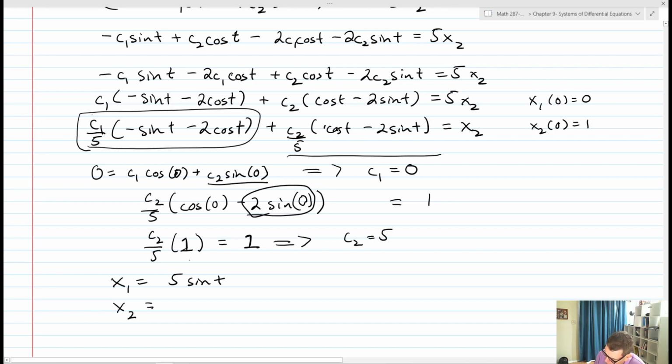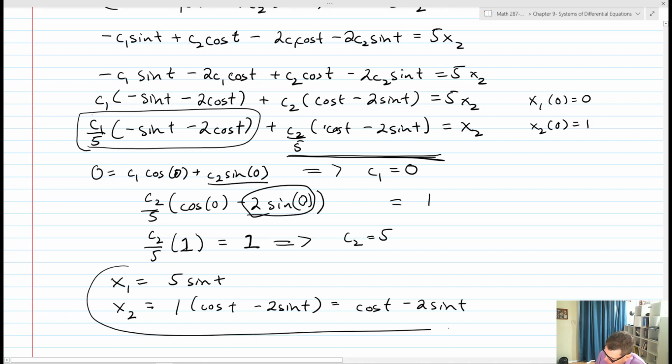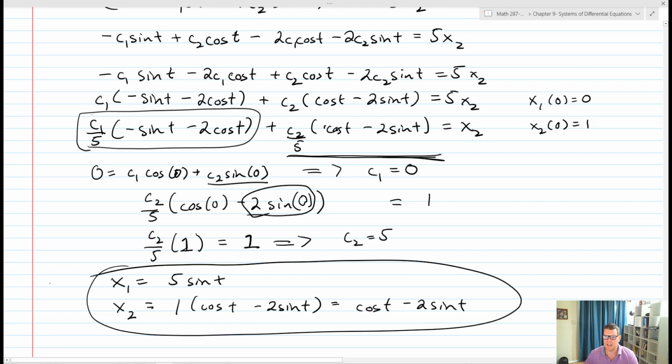It's going to equal 5 over 5, so that's 1, times cosine t minus 2 sine t. That's this equation right there. And so that just equals cosine t minus 2 sine t. So my particular solution to my system is this one: x1 equals 5 sine t, and x2 equals cosine t minus 2 sine t.